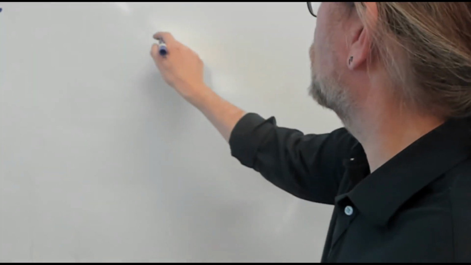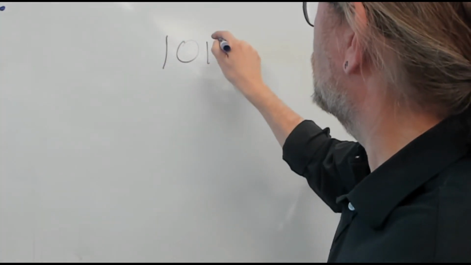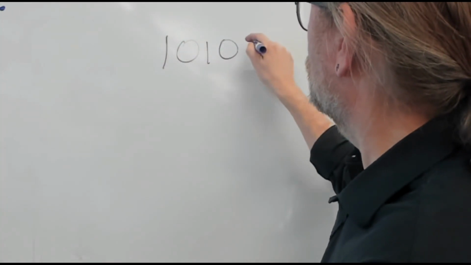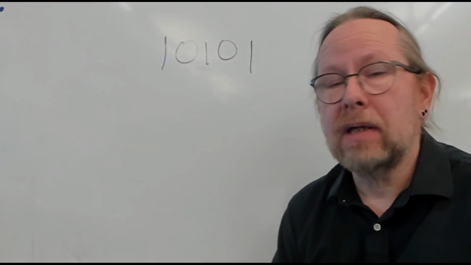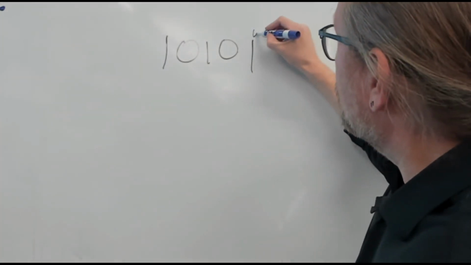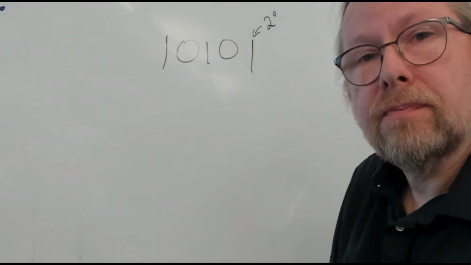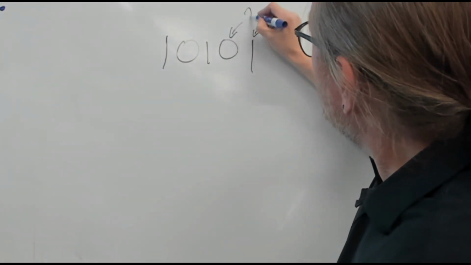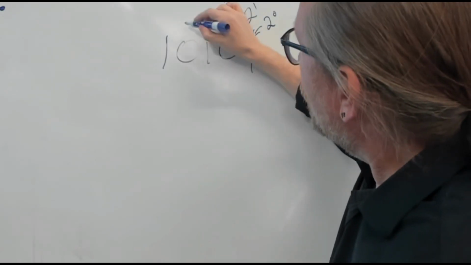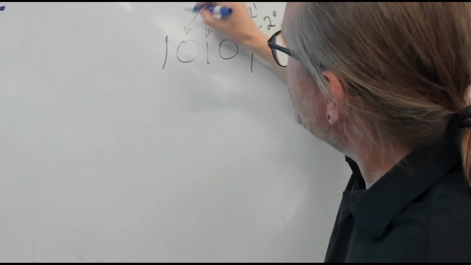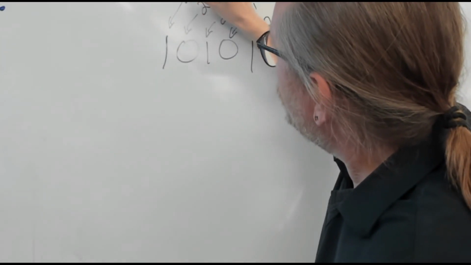So if I write a number like 10101 in binary, what does that mean? That means a certain number of 2 to the zeros, and a certain number of 2 to the ones, and a certain number of 2 to the twos, and a certain number of 2 to the threes, and a certain number of 2 to the fours.